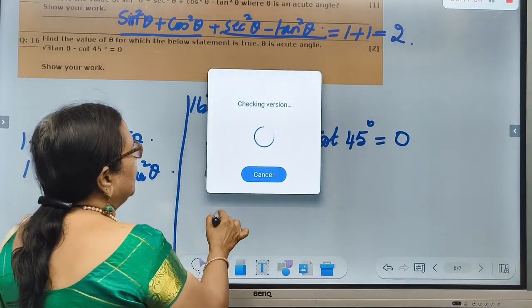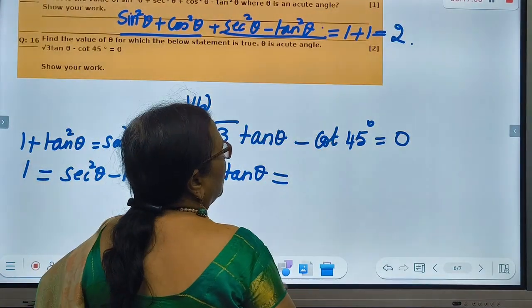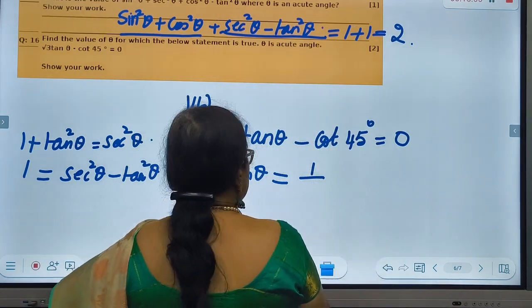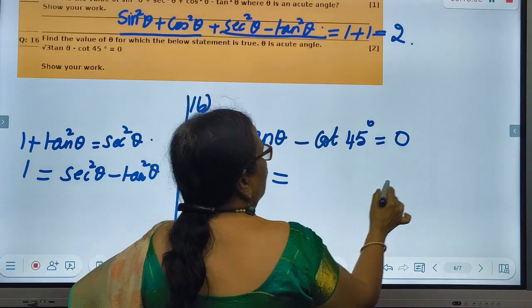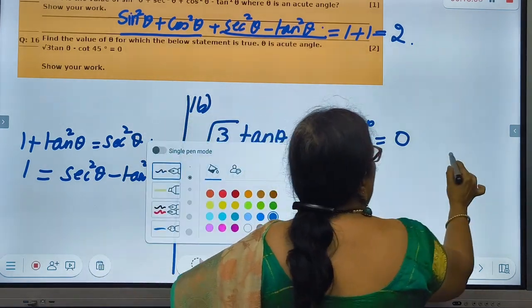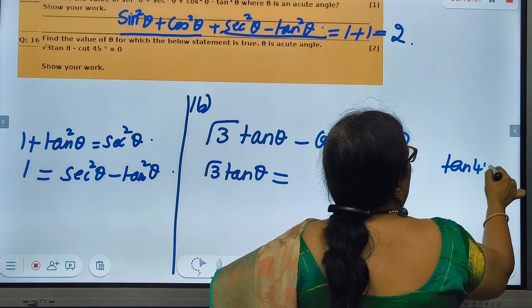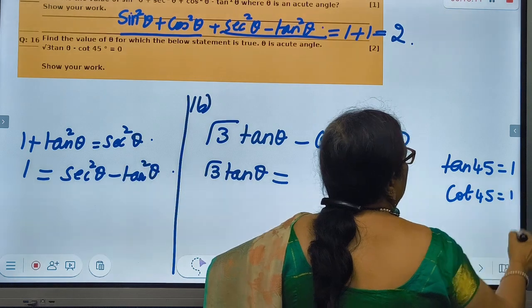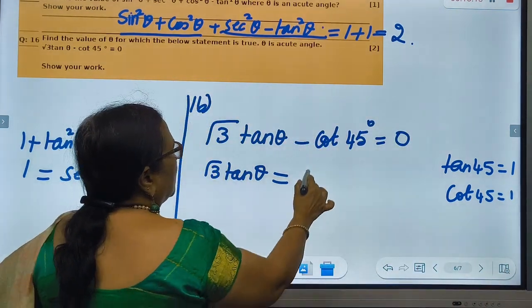What is cot 45? You know that tan 45 is 1, so cot 45 is also 1.